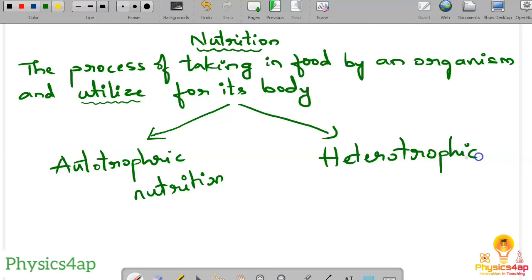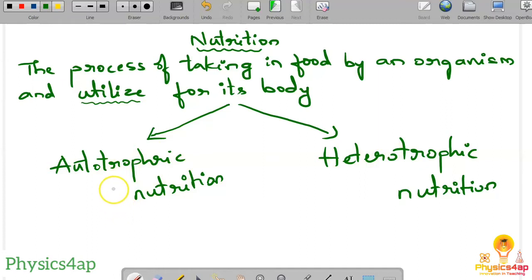All this autotrophic and heterotrophic nutrition you might have learned in your lower grades, in 7th grade. These are the two modes of nutrition by which the living organisms take food. So what is autotrophic nutrition, what is heterotrophic nutrition?